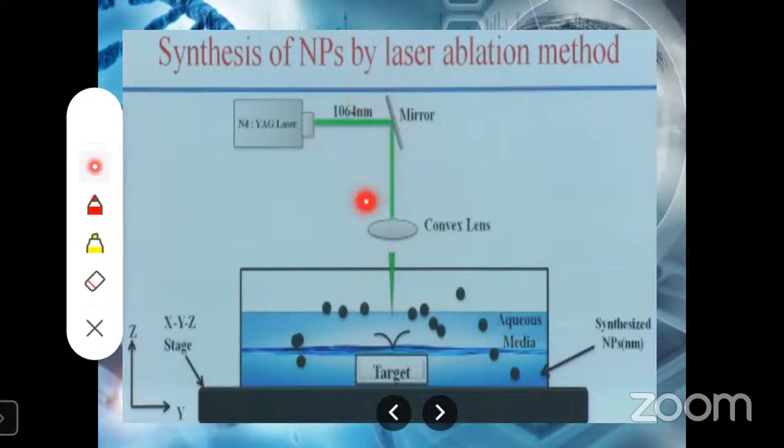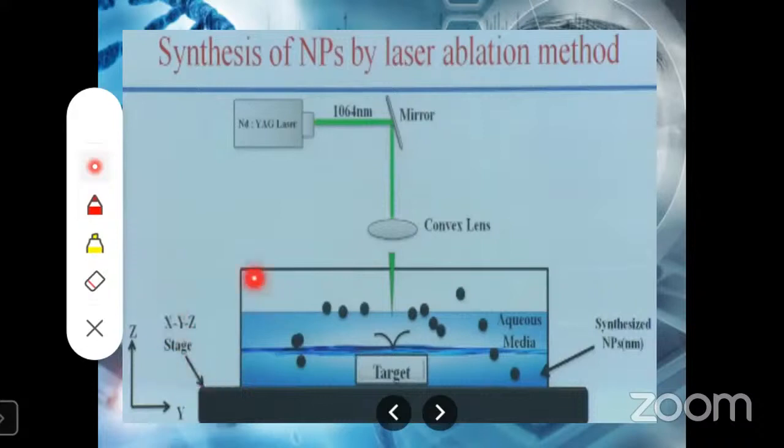Okay. So when you apply this laser light, it will vaporize the metal, and these nanoparticles are collected in an aqueous medium. So here you can see the aqueous medium. We use an XY stage, and we can move this target in the XYZ directions.